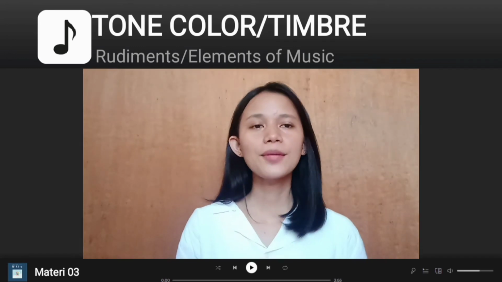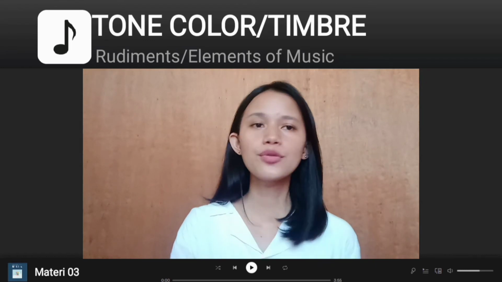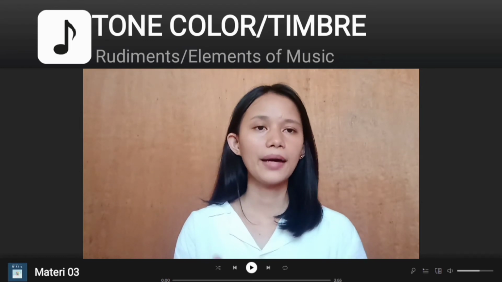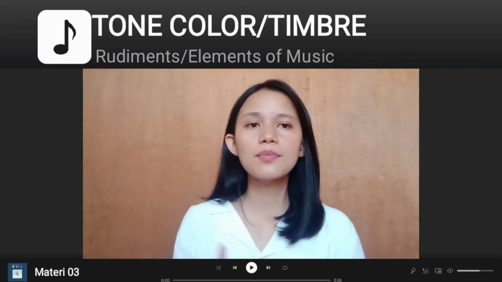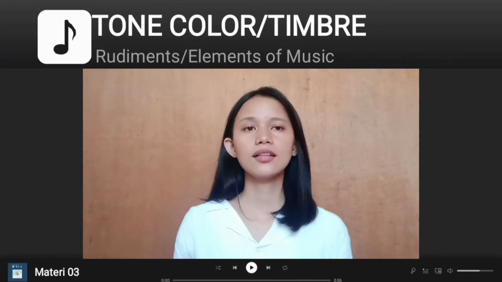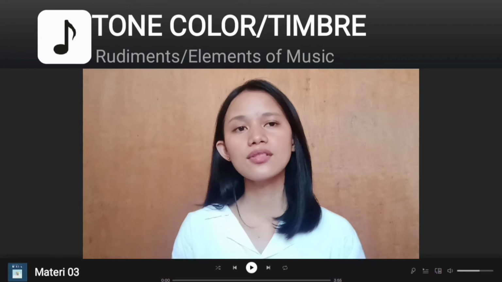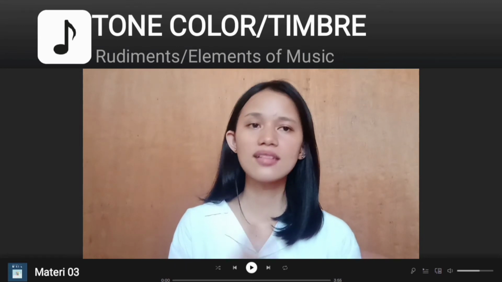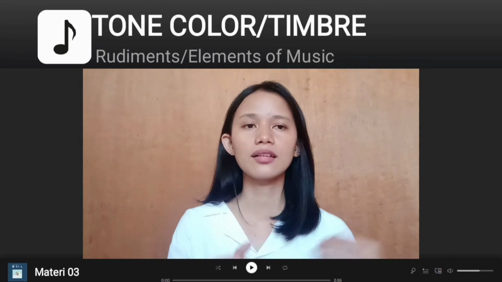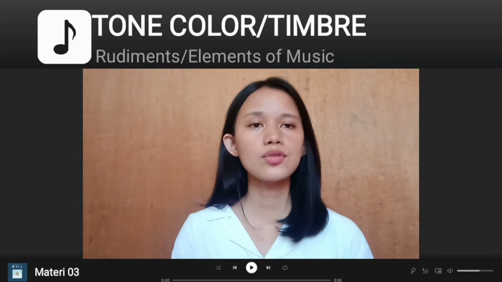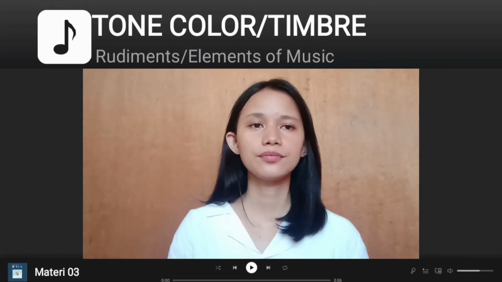So, katulad ng mga painters, di ba, they use different colors para magbigay ng effect or mas mapaganda pa yung kanilang painting. So, ganun din yung mga composers at musicians. They use different timbres or different sounds, different musical instrument, ganyan, to produce a beautiful music.